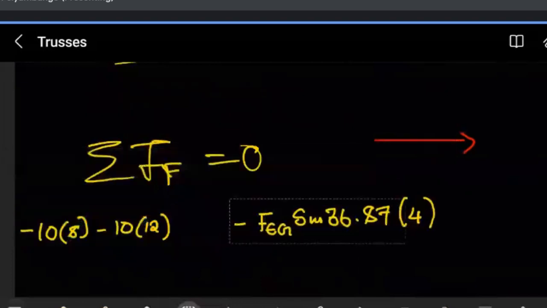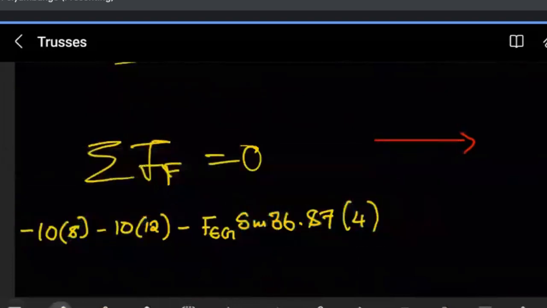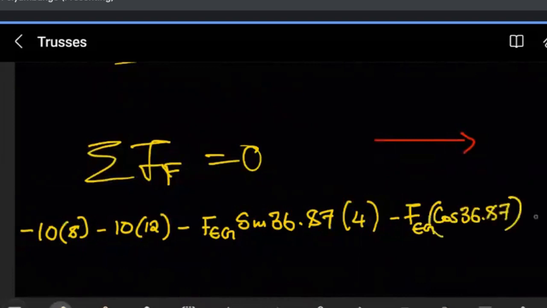Okay, so observe that this is also going to be clockwise. So it's going to be FEG, but now we're going to have cos 36.87 and put brackets here. And this is going to multiply 6 feet. And that is the last one. So this is going to be equal to 0.